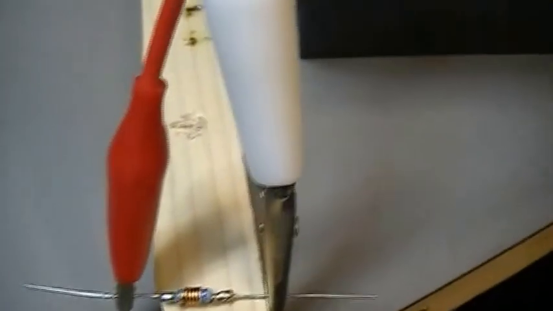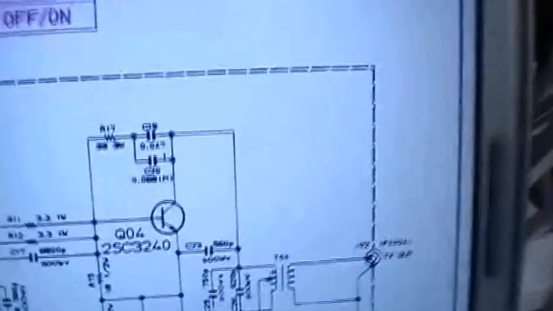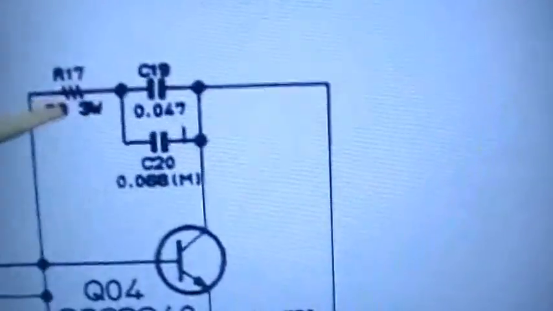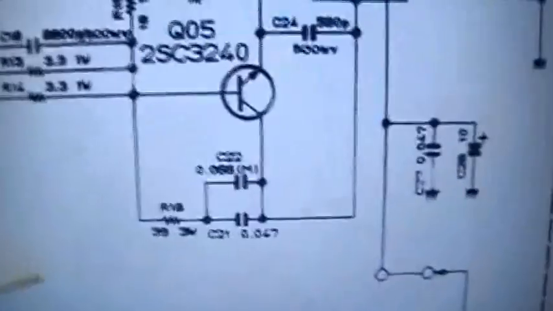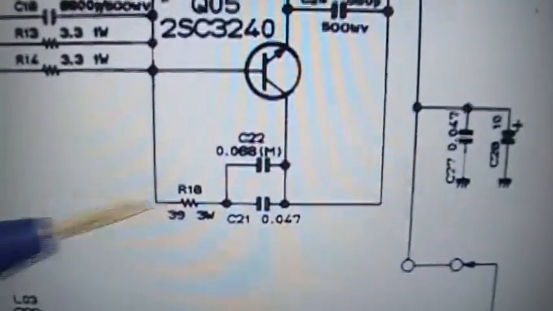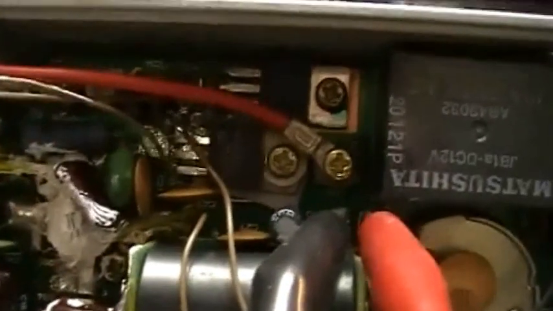the resistors, which we have already seen on the wiring diagram, the R17, this one, and the R18, where is it? R18, this one. If we want to find it in here, we can see it here.